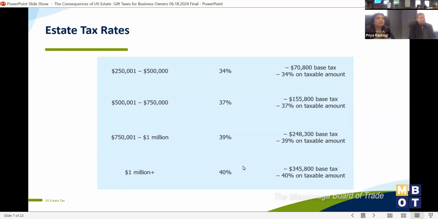Say from 250,000 to half a million, we are looking at 34%. Above 500,000, there's a base tax of 70,800. So it works very similarly to the way it works in Canada. We always say the highest tax rate is 40%. It's the highest marginal tax rate, but then the math grinds down to close to 39% or 37%.